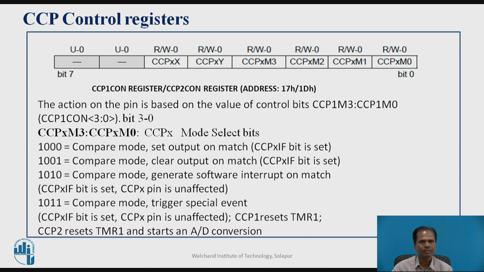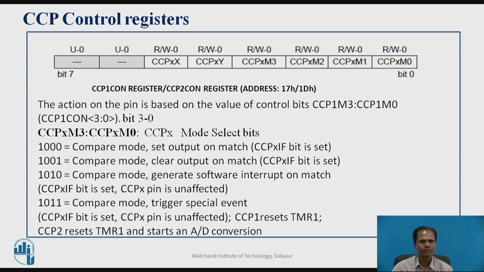The least significant 4 bits, CCP1M0, CCP1M1, CCP1M2, CCP1M3, are used to select one of the modes of operation, like 1000, that is compare mode, set output on match, the bit is set.